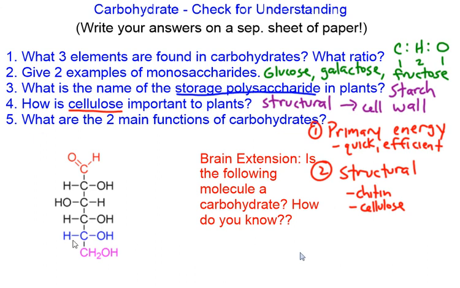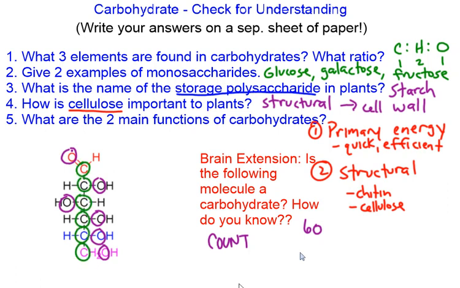All right, final thing here. How do we know this is a carbohydrate? The key thing, count. So when we look here, 1, 2, 3, 4, 5, 6. I have 6 O's. 1, 2, 3, 4, 5, 6.